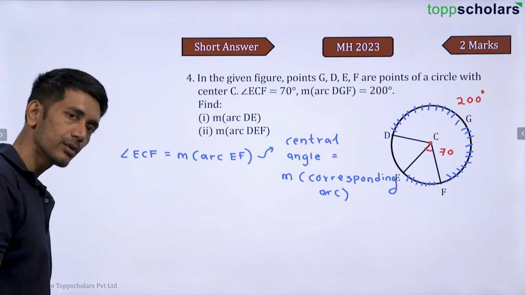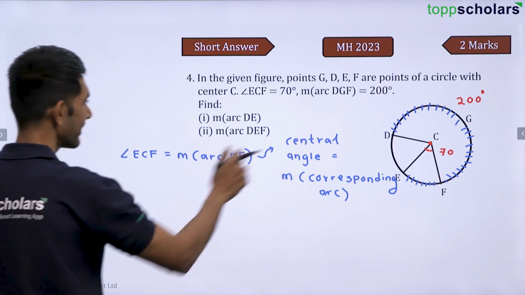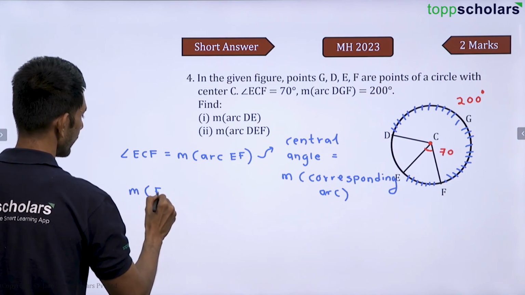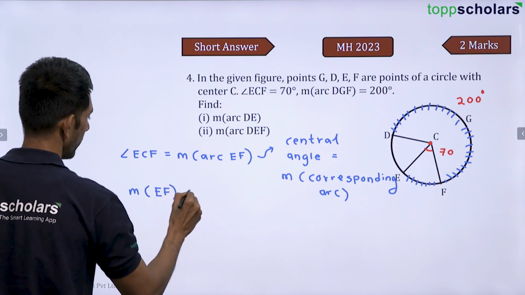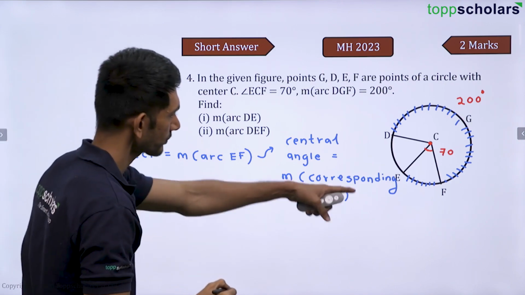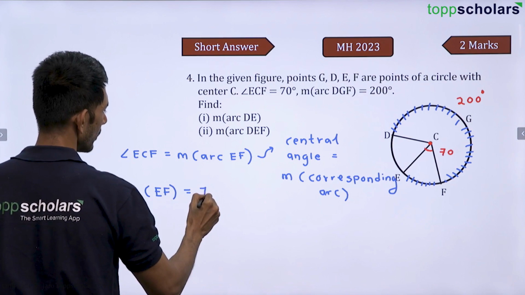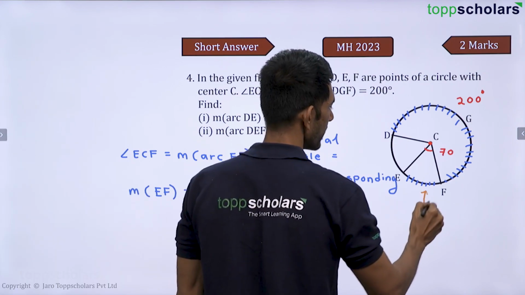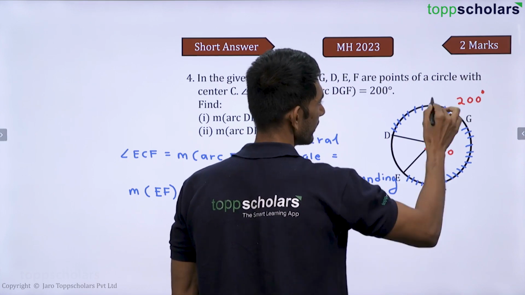So can I say measure of arc EF is equal to 70 degrees. Notice carefully, this part becomes 70, this is 200.